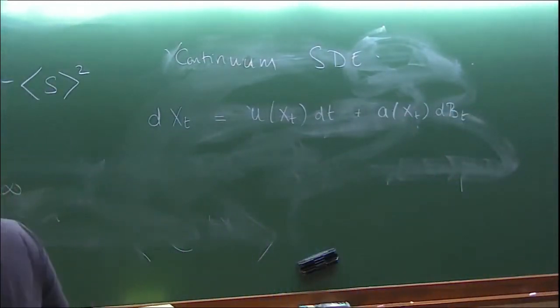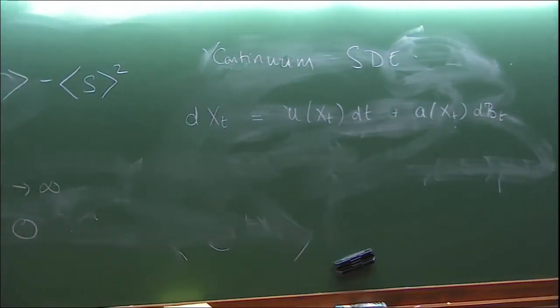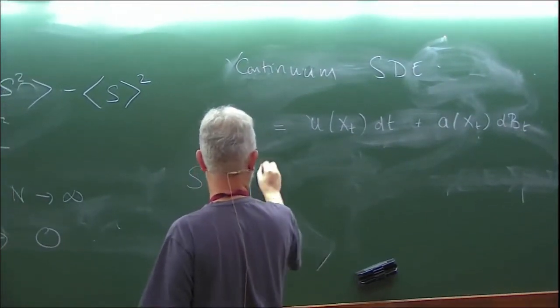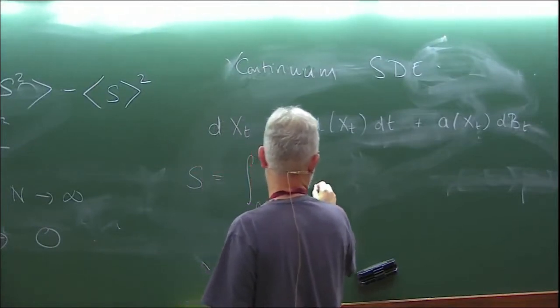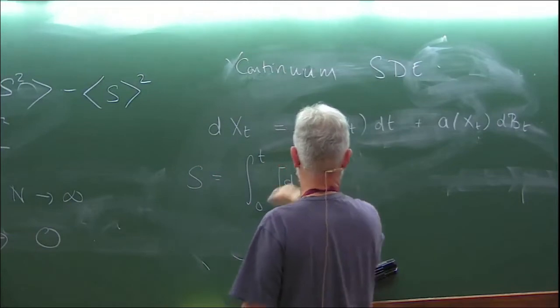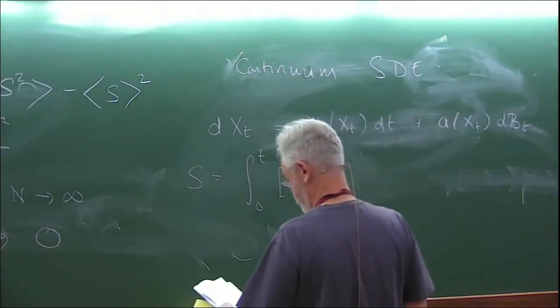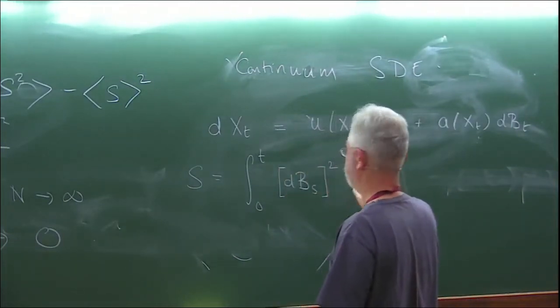Okay. If I look at this formula here for S, which was equal to the integral of delta b squared, in the continuum limit this integral is basically the integral between 0 and t of dB_s squared. s is the time variable, okay? And what I've shown is that this object here is actually equal to its average value.